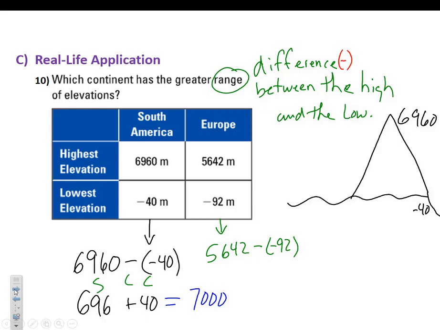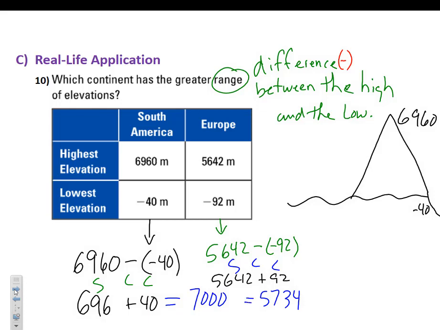We are subtracting because we're finding range. And we're going to use same change for this one. And we're going to get 5,642 plus 92. And when we add those two together, we get 5,734 for the range there.